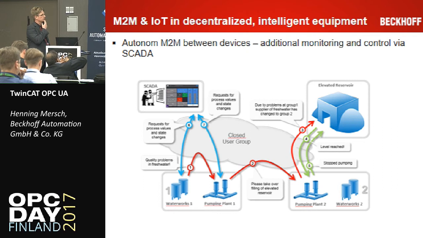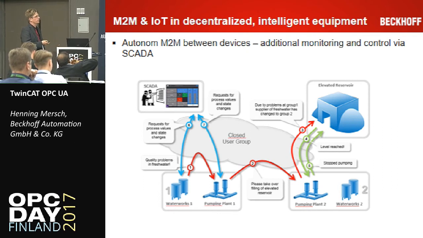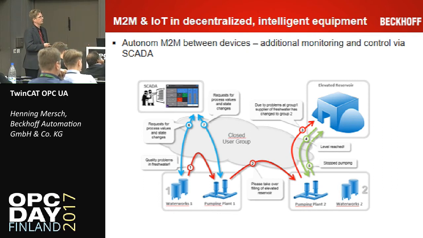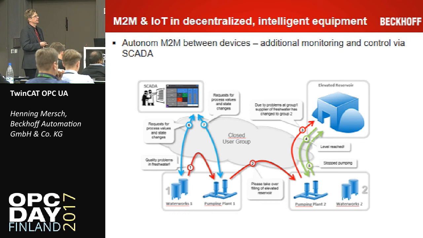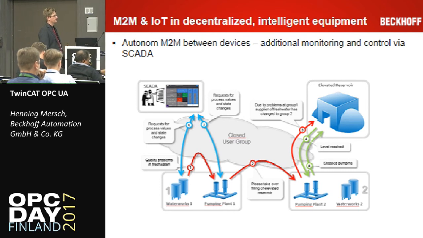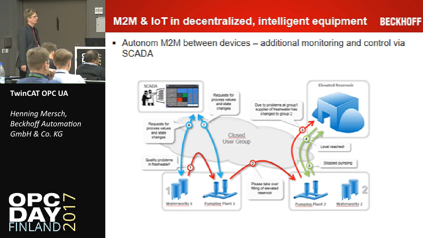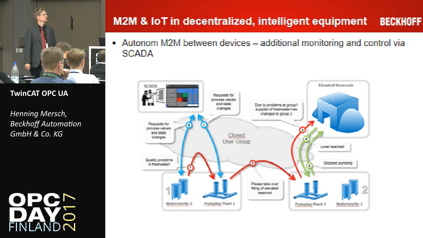different pump stations. So one pump station could monitor another pump station and say, okay, this seems to have no water anymore, I take over, or a pump station could actively call a method on the other plant for handing over and saying, please take over the filling of the elevated reservoir.